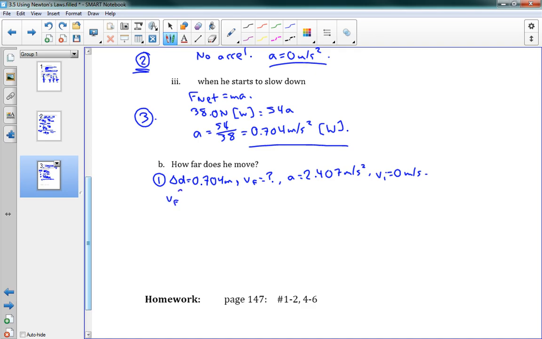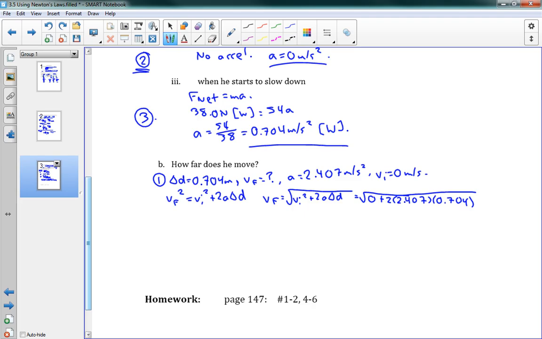So we'll use all of that information to find Vf. Use one of our equations. Vf squared equals Vi squared plus 2a delta D to find Vf. Vf is the square root of Vi squared plus 2a delta D, which means it's the square root of, well, Vi was 0, so that's nice. 2 times 2.407 times delta D, which was 0.704.